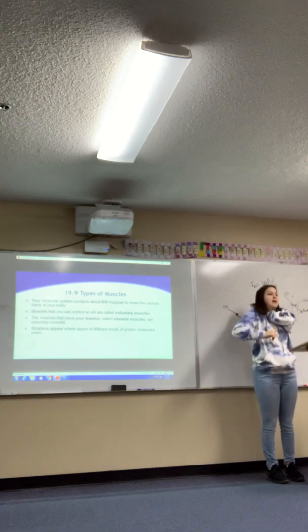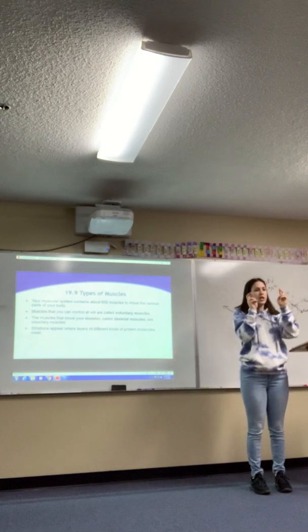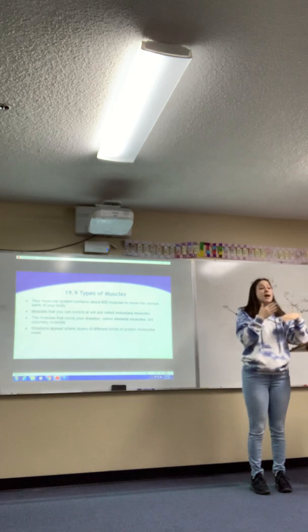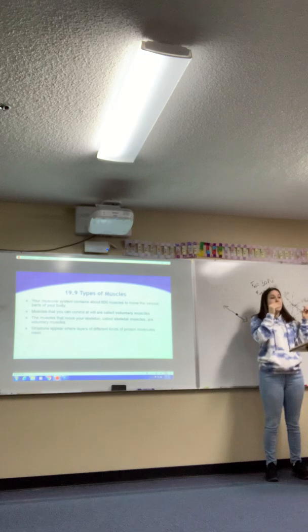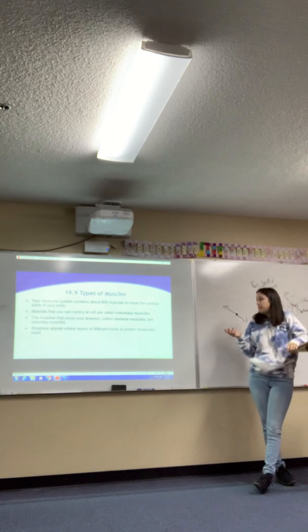Why this is important is because we have this thing called histology. Histology is when you study different tissues, okay, and you see how they're working. And by studying tissues, you can detect abnormalities in the tissues, and you could even find some diseases within the tissue.